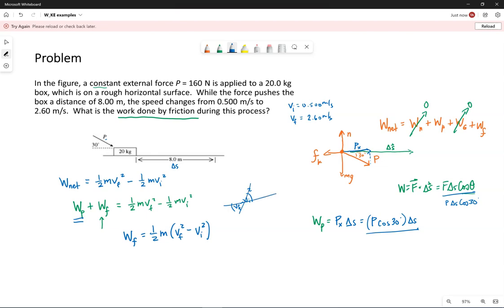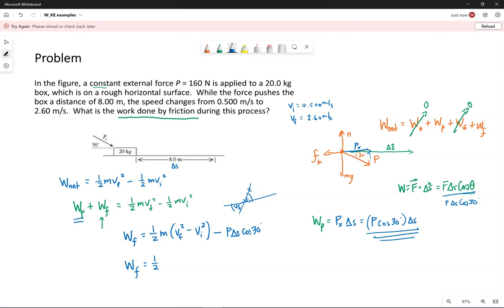Don't do that. I need to bring the work done by force P to the other side, so I will subtract it. Oops, 30. And plug in this work that we know is done by the force P. So the work done by friction.